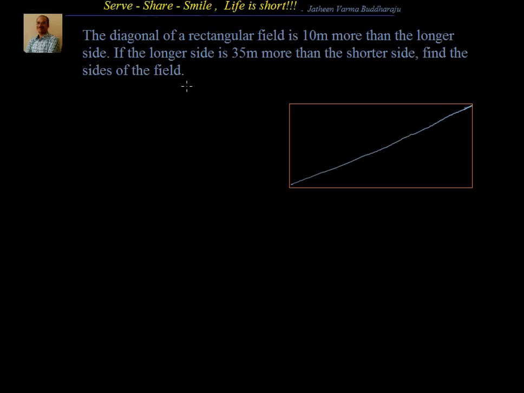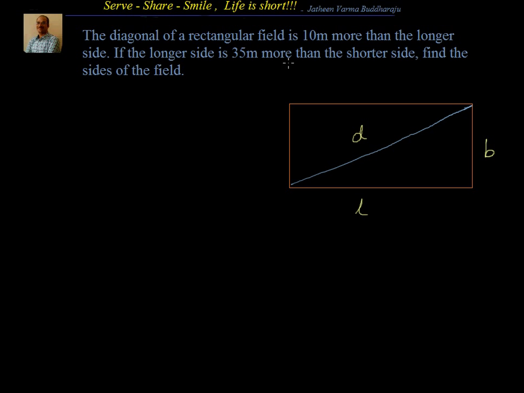A rectangle, we know, will have length, breadth and diagonal. So let us say this is length and this is breadth, and we have the diagonal here. The diagonal of a rectangular field is 10 meters more than the longer side.